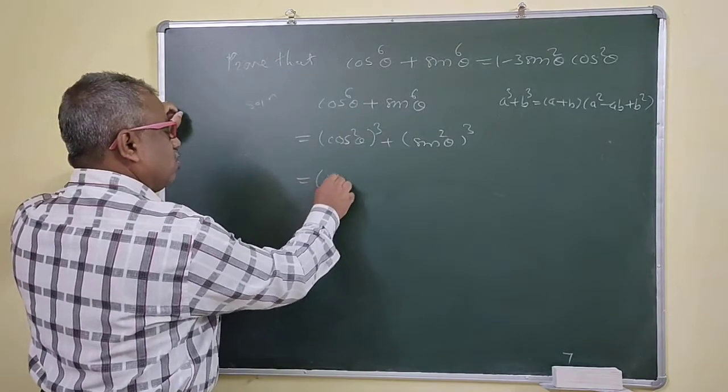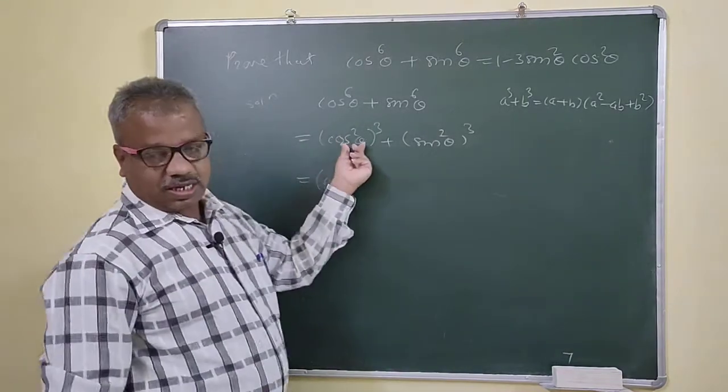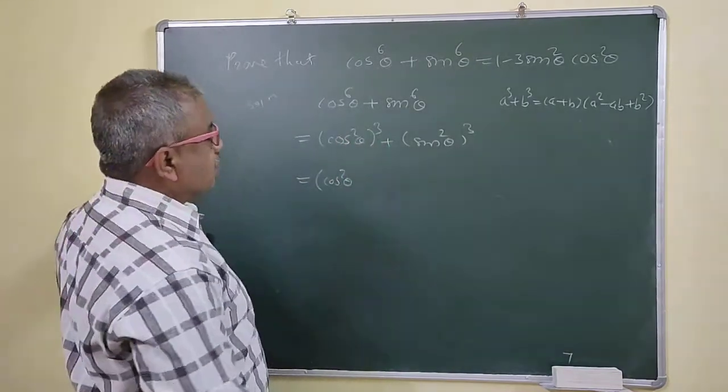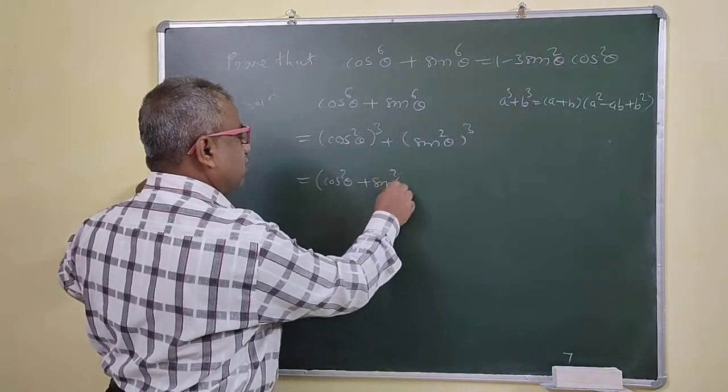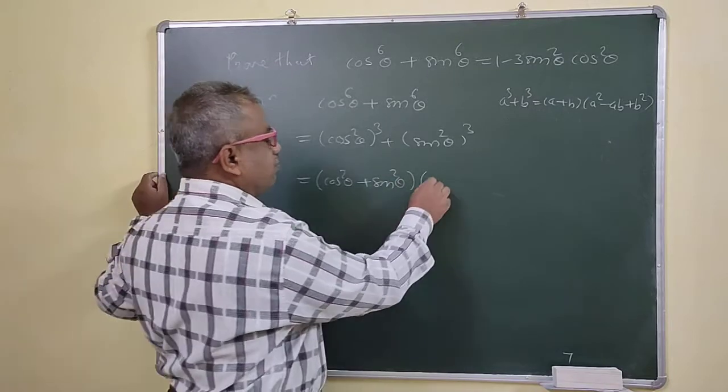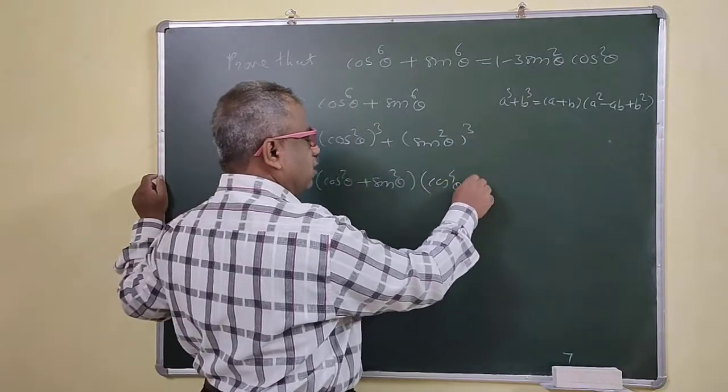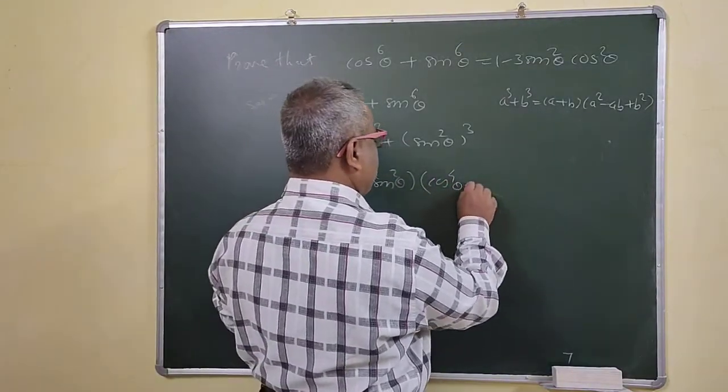So your a is cos square theta, your b is sin square theta. So cos square theta plus sin square theta, into the square of the first one, that is this, then minus the product of this.